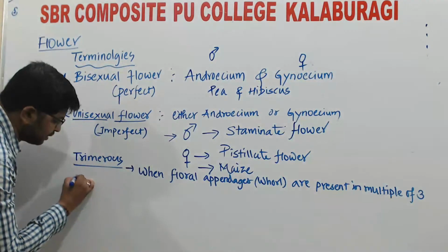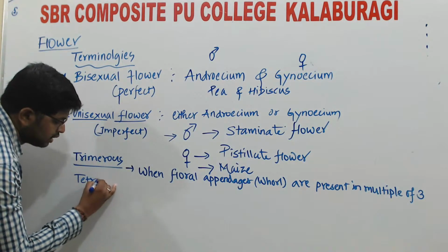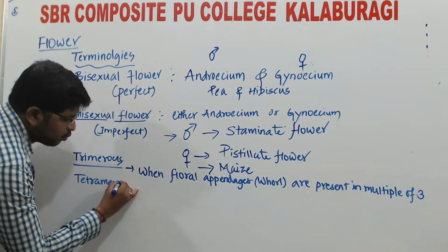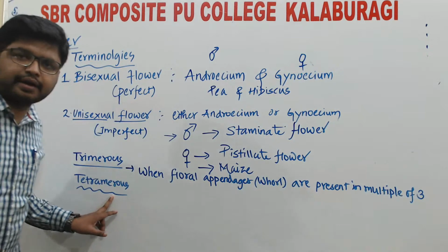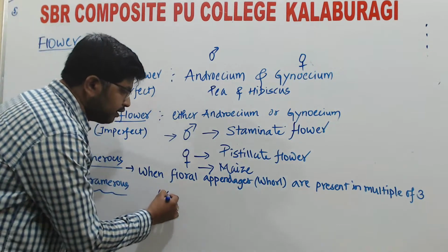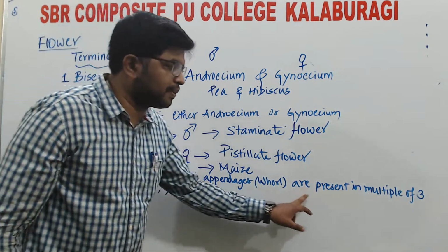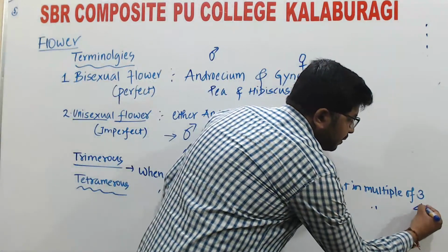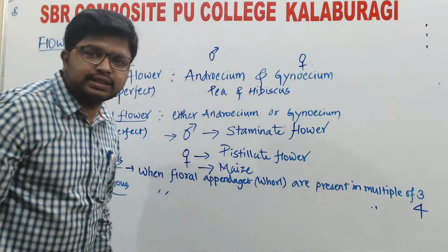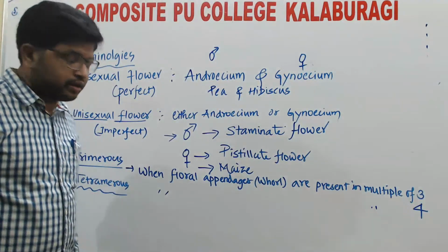Now what is tetramerous? As the name indicates, tetra means 4. So when floral appendages or whorls are present in multiples of 4, we call it a tetramerous flower.